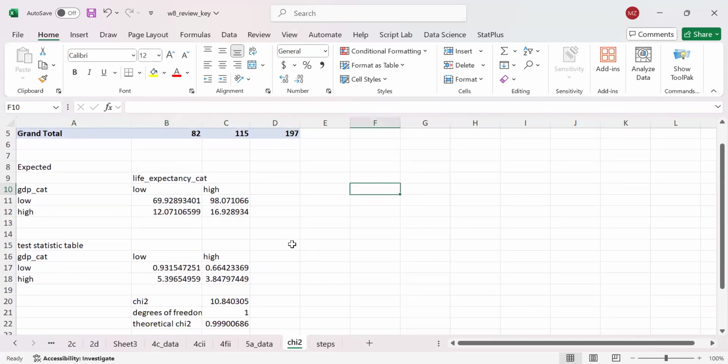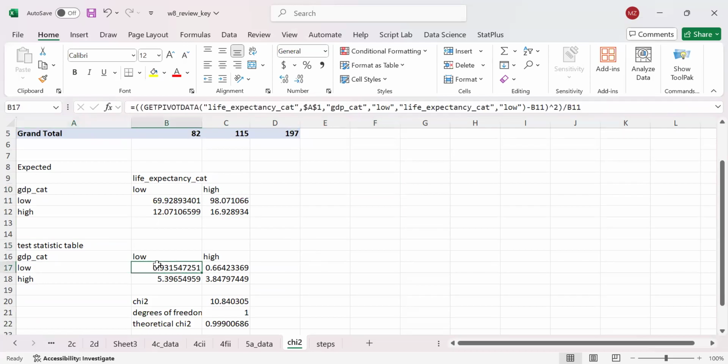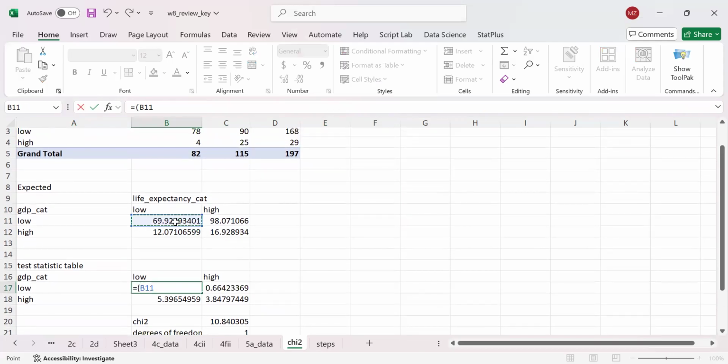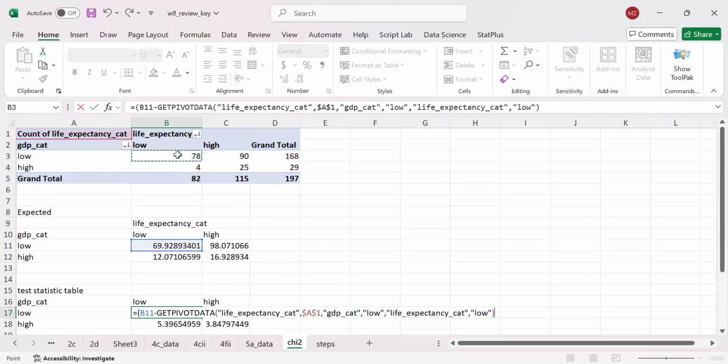the expected values. Then you can create the test statistics table, and the formula for that was expected minus observed, squared, divided by the expected value.